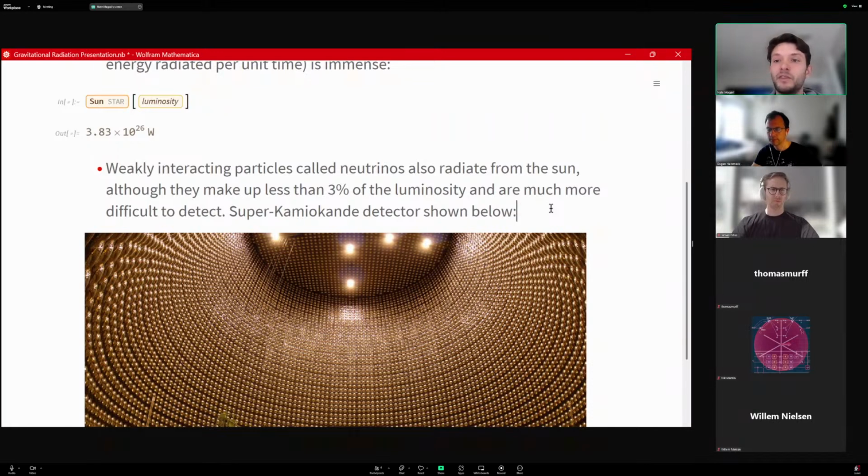When the source of those charged particles is the sun, we call it the solar wind, and those particles can interact with our own magnetic field and create the auroras. But those are fundamentally electromagnetic types of radiation as well, because they're carrying energy that comes from ultimately a magnetic field.